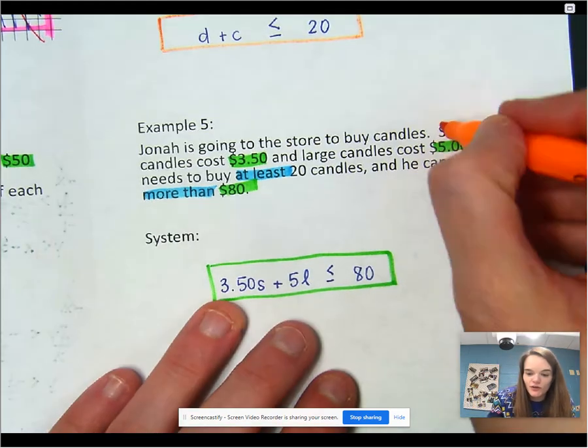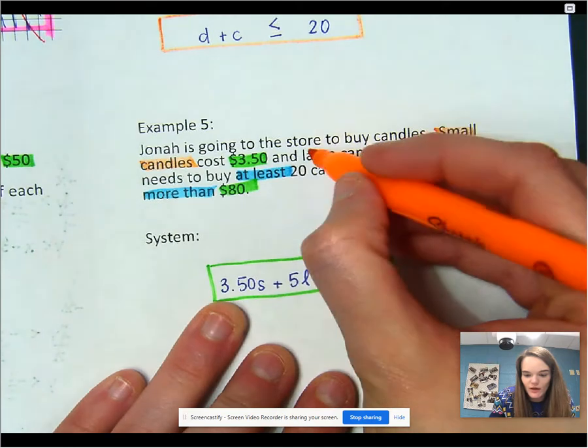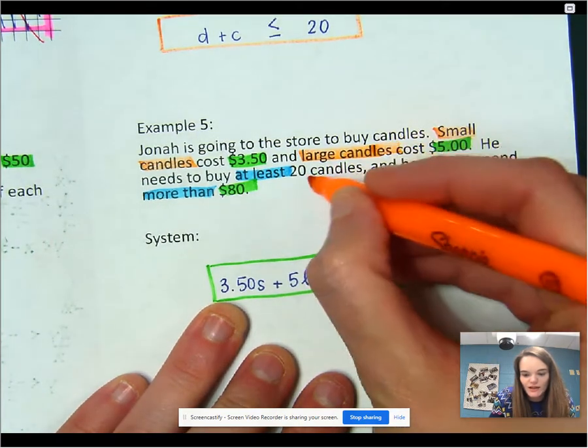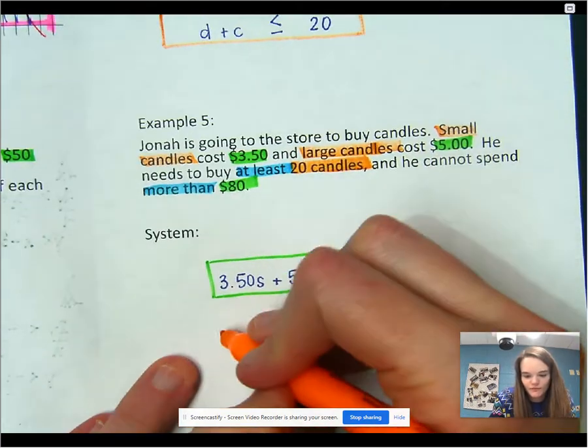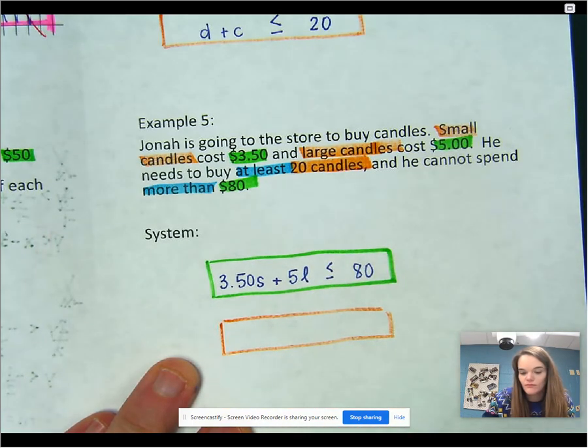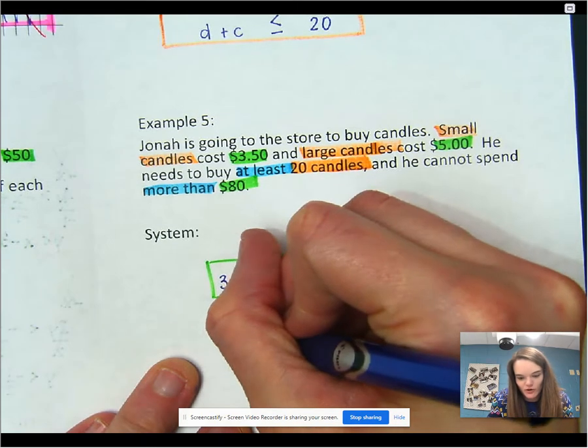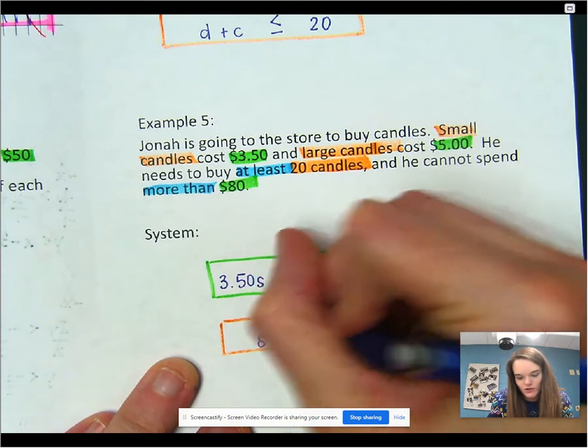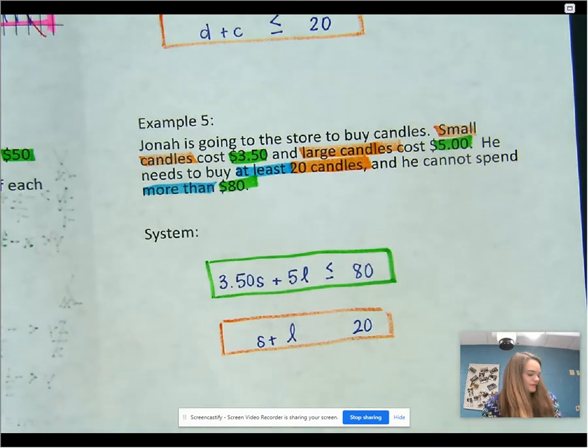He is buying small candles, he is buying large candles, and he is buying at least 20 of them. So he has small candles, he has large candles, and 20.